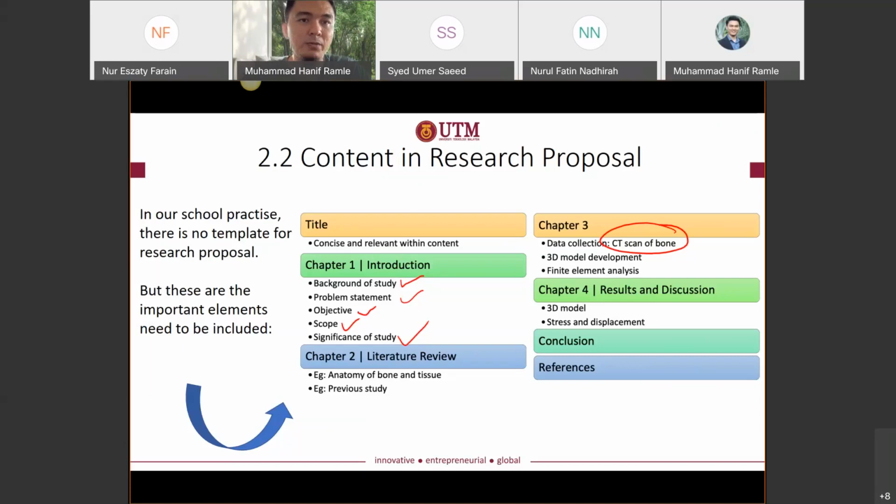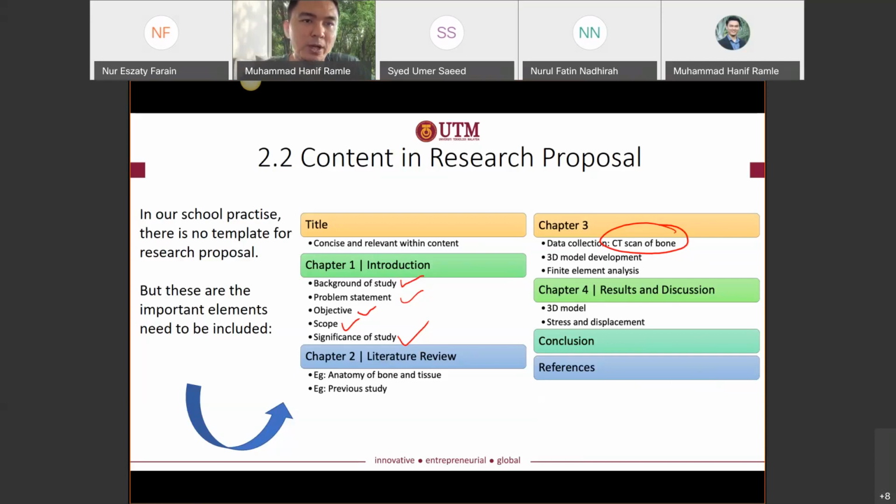Because normally for the proposal defense, you will defend your proposal in semester 2. Then you will have some results from semester 1 to be included in your proposal. You can put some results, and also you can put the expected result, as I said just now. Okay, what you expect from this study.